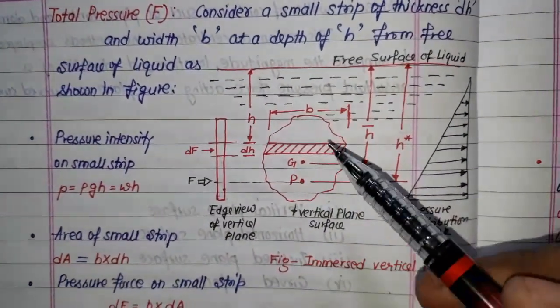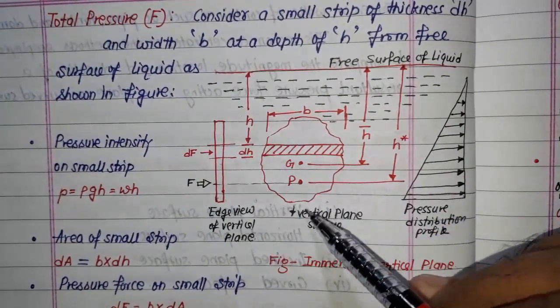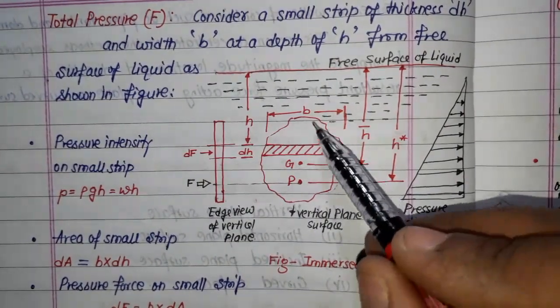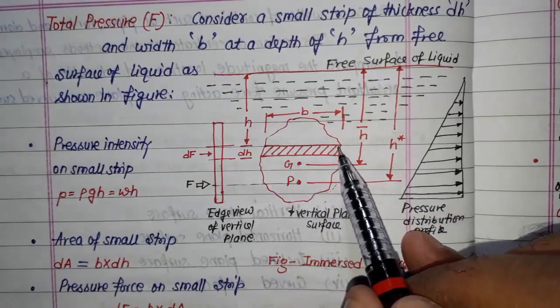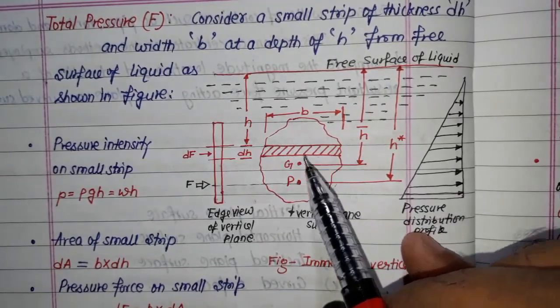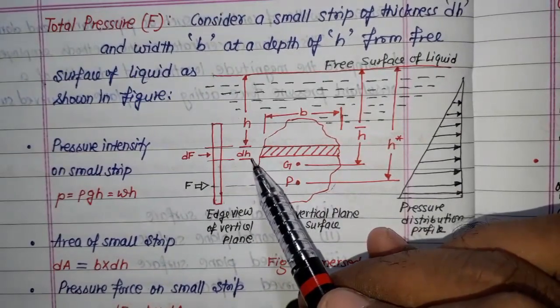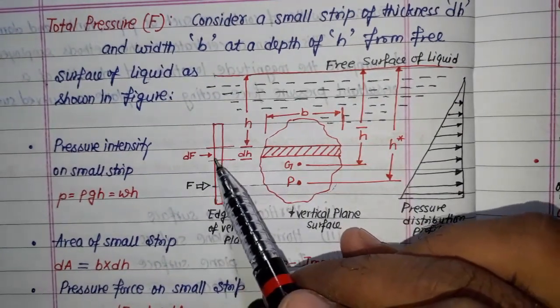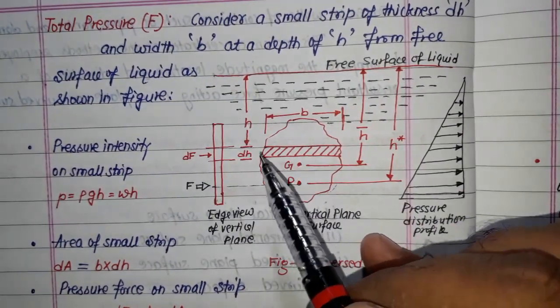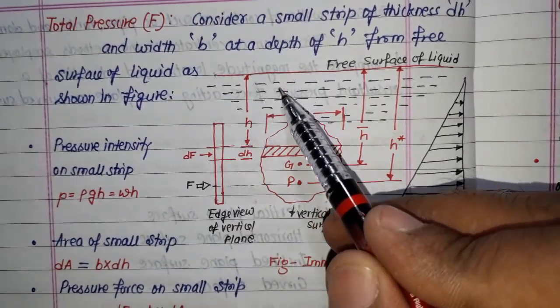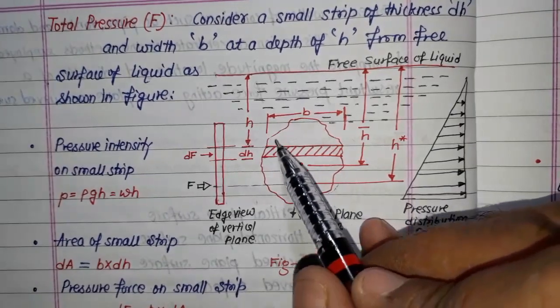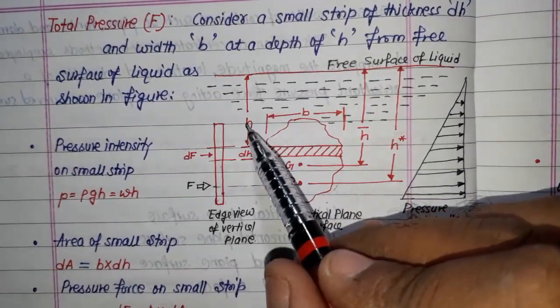So this is the diagram. From the diagram we can see this is the vertical plane surface that is submerged in liquid. Here we are considering a small strip whose thickness is dh, the force dF acting on it, and it lies at a distance of h from the free surface of liquid, or we can say the depth of this strip from the free surface is h.